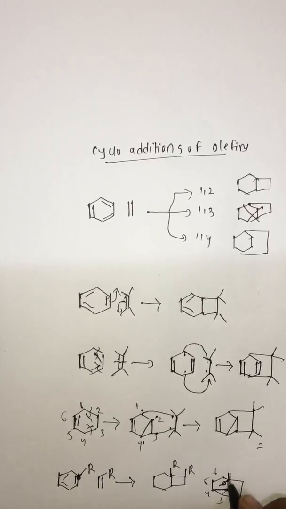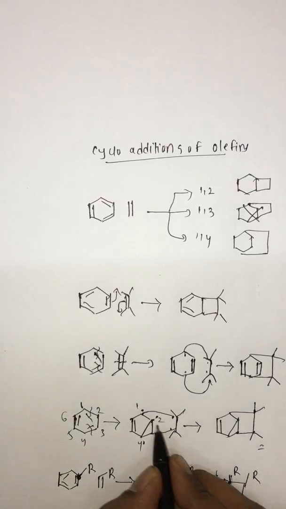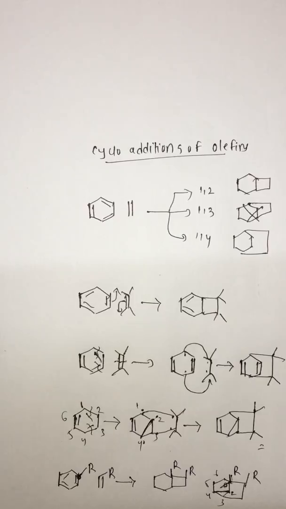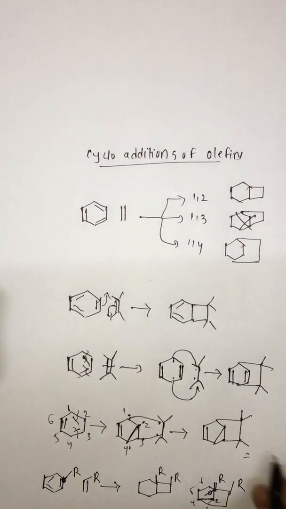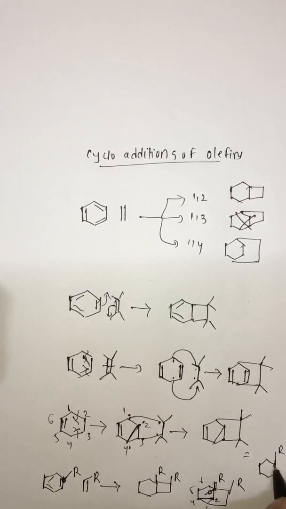Just remember, in the meta product there is formation of a cyclopropane at C2 and C4. Just give the numbering, it will be very clear. For para it will be 1, 2, 3, 4. This should be the product, like that.